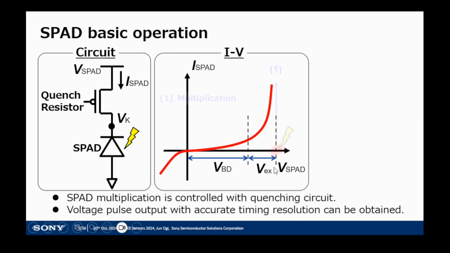Once a photon is incident and the charge multiplication occurs, a large current is induced. This large current discharges the output node of the SPAD, and the voltage drops due to the limited current from the power supply, which is regulated by the quenching resistor.